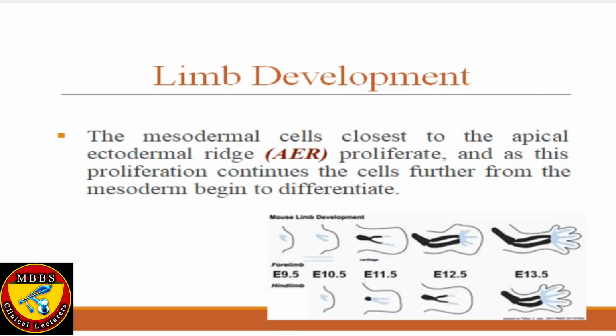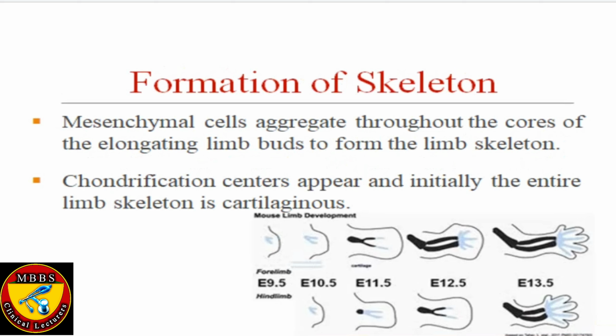The mesenchymal cells are proliferating towards the apical ectodermal ridge, and this proliferation continues, but further away from the apical ectodermal ridge, this mesenchyme differentiates and it forms the cartilage. Mesenchymal cells aggregate throughout the cores of the elongating limb buds to form the limb skeleton.